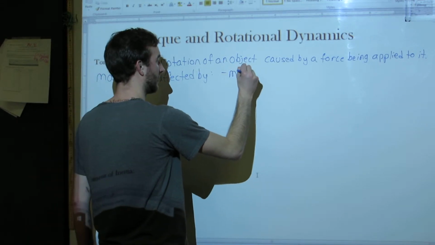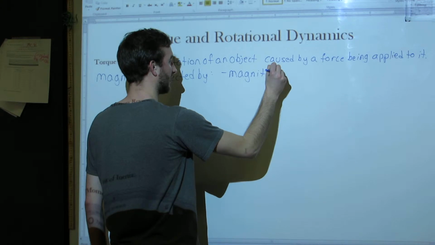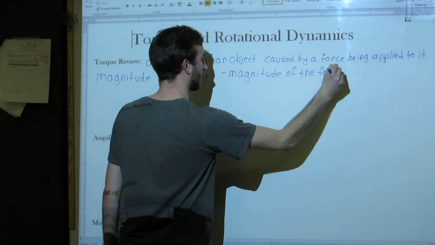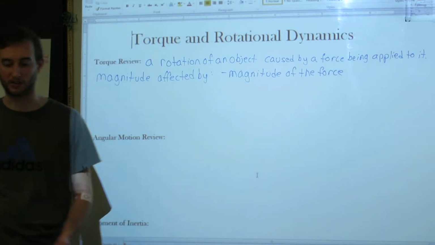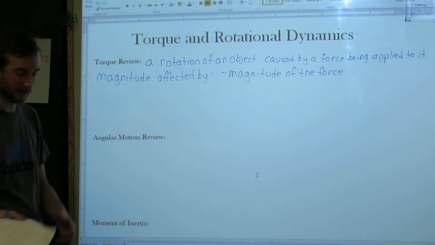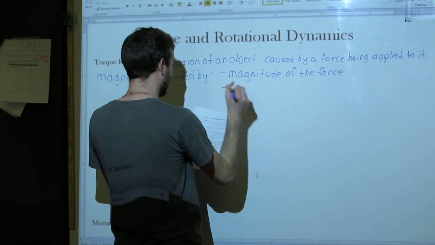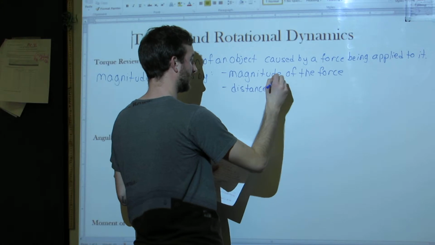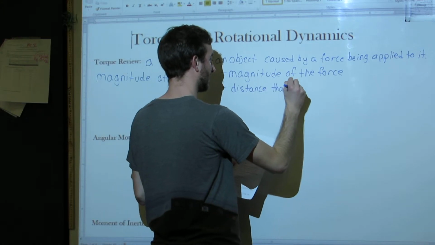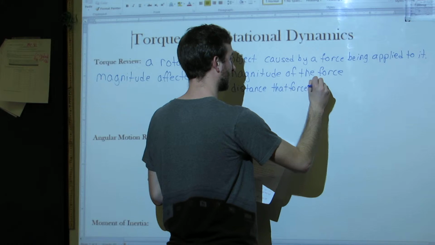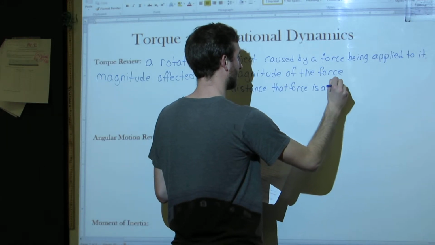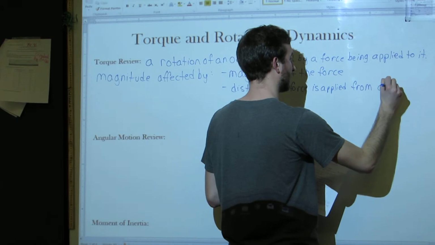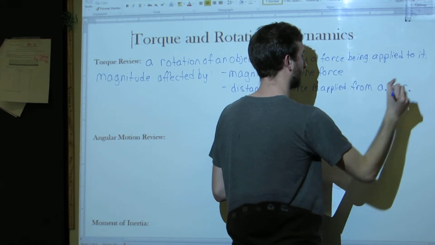Number 1, the magnitude of the torque is affected by the magnitude of the force. Okay? It matters how hard you push on something and try and make it rotate. Kind of obvious. Another thing that matters, the distance that the force is applied from the axis of rotation.